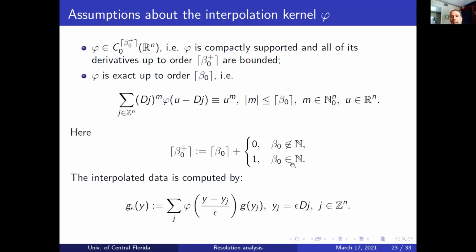If beta naught is a natural number, then the ceiling of beta naught is the same as beta naught, but beta naught plus is just 1 plus beta naught. Okay. So you have finitely many derivatives, and you have exactness up to a finite degree. Okay, and this is what the interpolated data looks like. Pretty conventional.